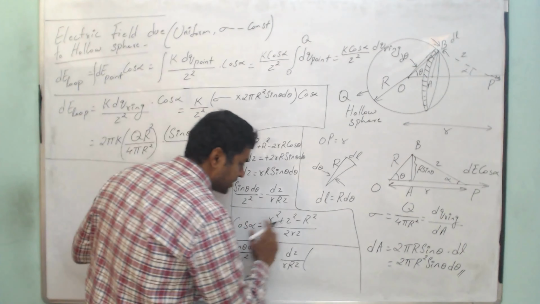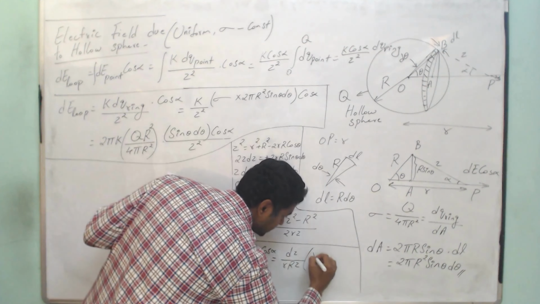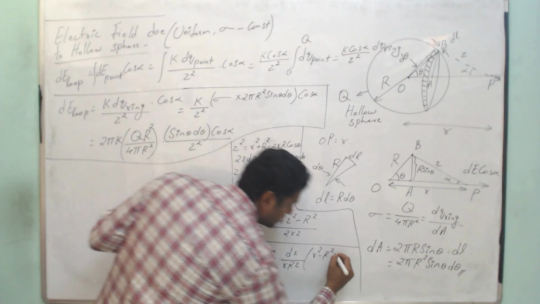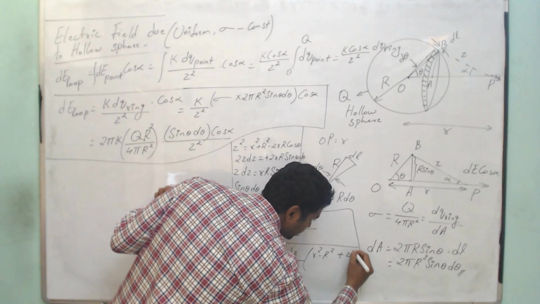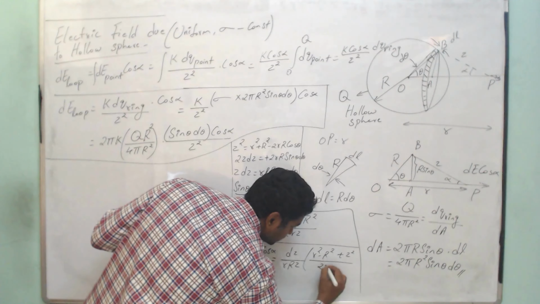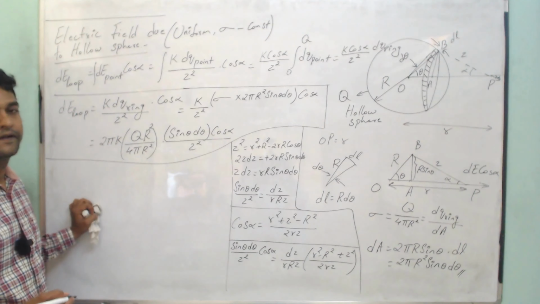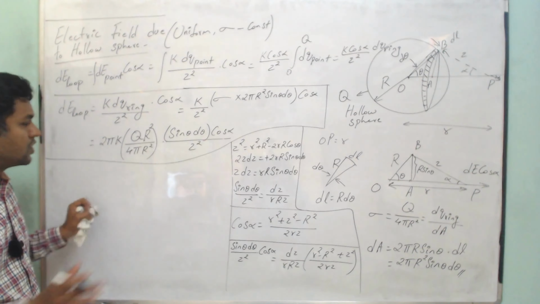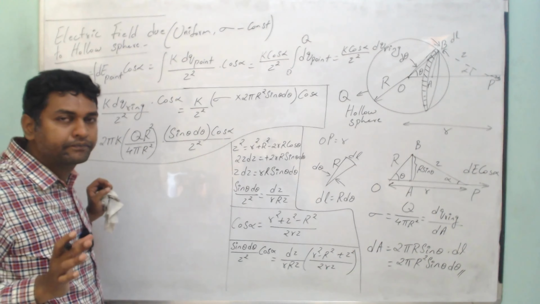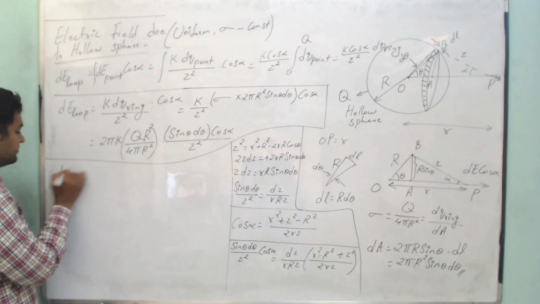I can write r square minus capital R square, they are constants, as one thing, and then I can write z square as another thing, whole divided by 2 small r into z. All I have to do is dump this over here, and let me see where I'll go from there.